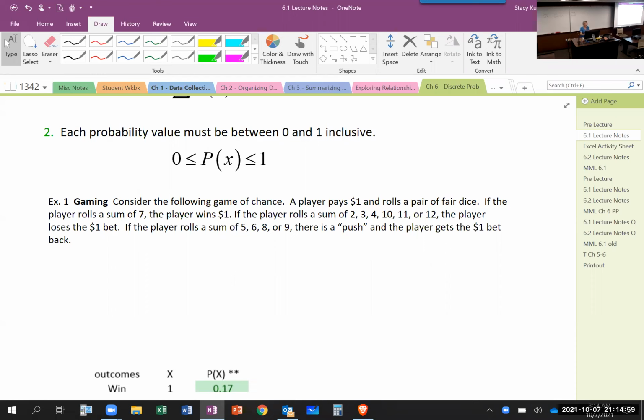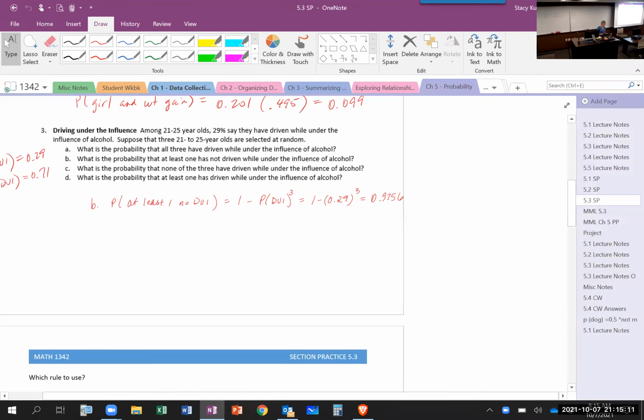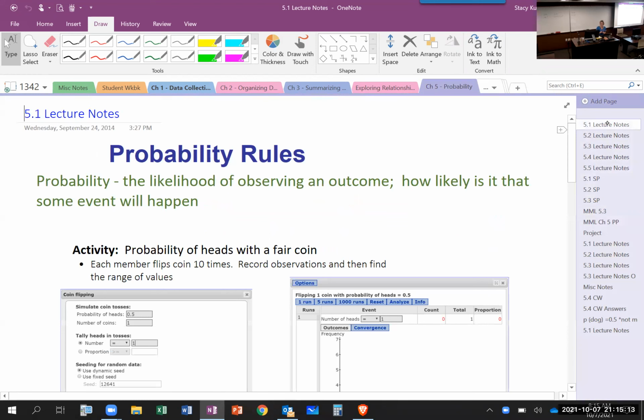Now, how do we determine the probability, or the likelihood, of rolling a 7? How do I find that? 7 divided by 12?